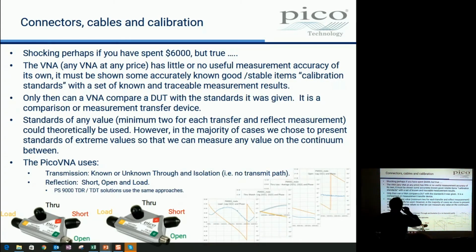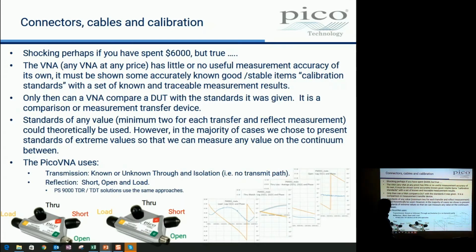So this applies to a VNA at any price. Nobody can solve this. It's not a solvable thing. A VNA can only make relative measurements. It can't make any absolute measurement. It has to make a measurement that compares with standards. And we supply standards.